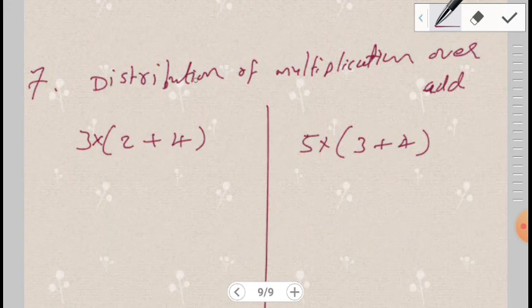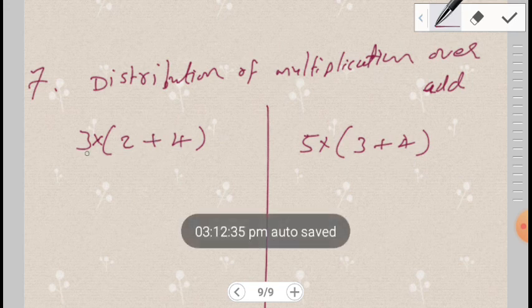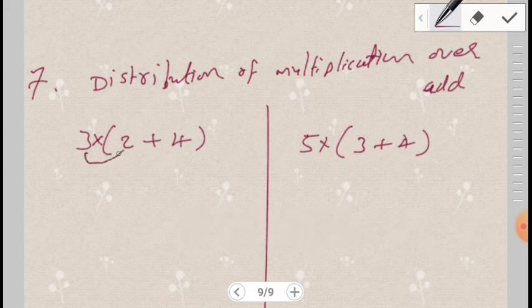Next, the distribution of multiplication over addition. That means we distribute this 3 over the two numbers. That means 3 has been distributed over 2 and 4. But what type of numbers are these? They are in addition form.